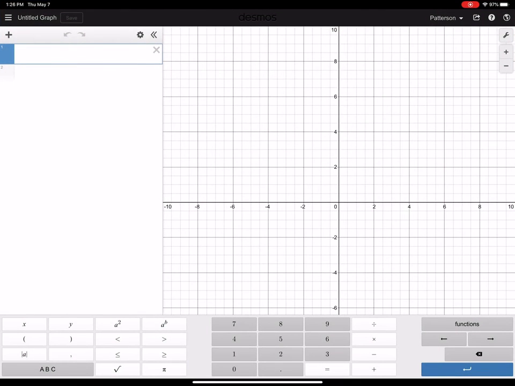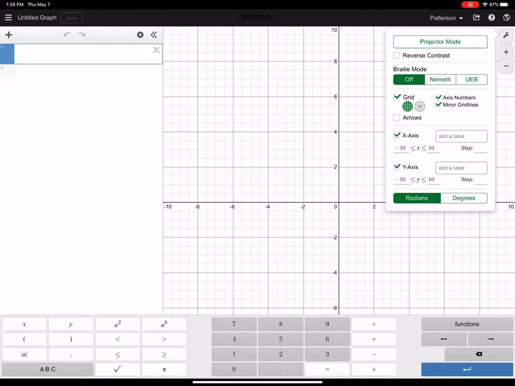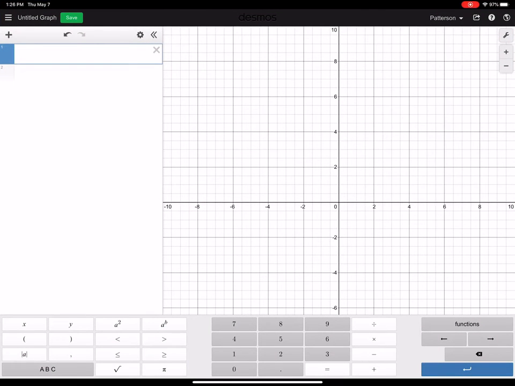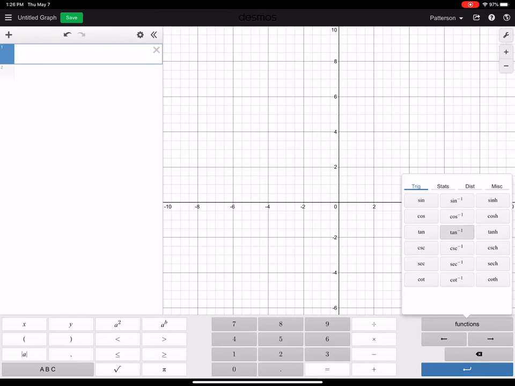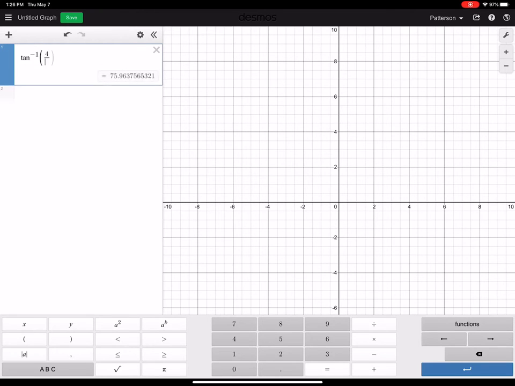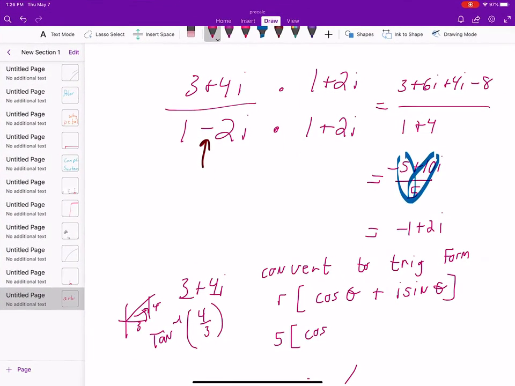I would make sure that this is in degrees, and then take the inverse tan of 4 divided by 3. Everything is positive, so I get 53.1 degrees.